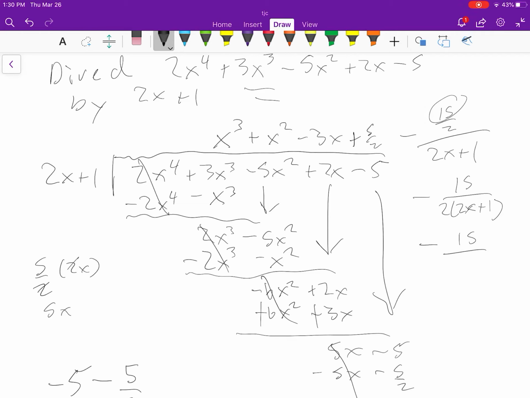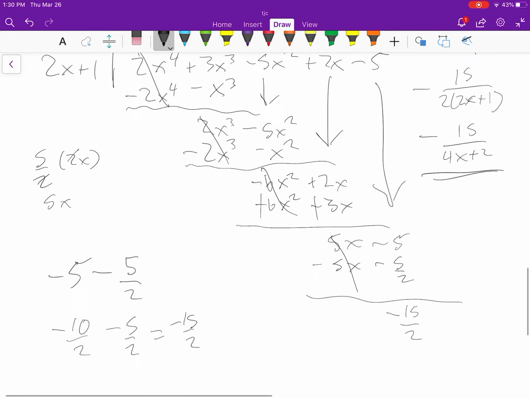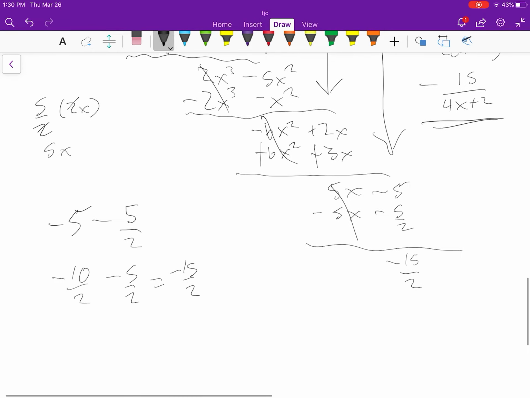Or negative 15 over 4x plus 2, if you will. So this bottom one here is in the simplest form, and some teachers will only accept that or software, but either answer is correct. Okay. All right, so that's long division with a little bit more difficult problem.